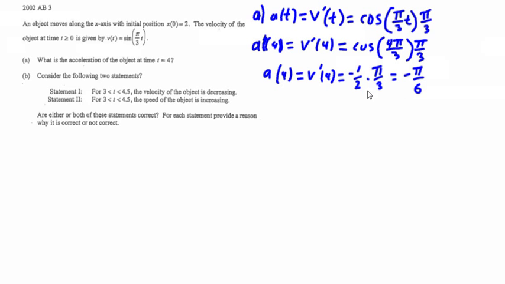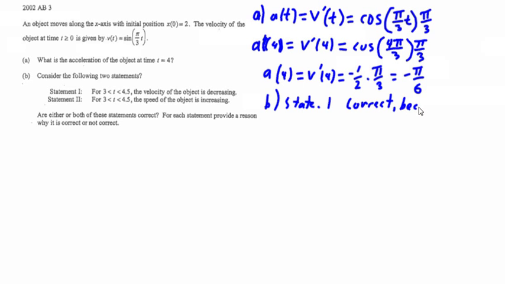Well, if acceleration is negative, that means that the velocity of the object is decreasing. So for part B, statement 1, we will say correct. Why?